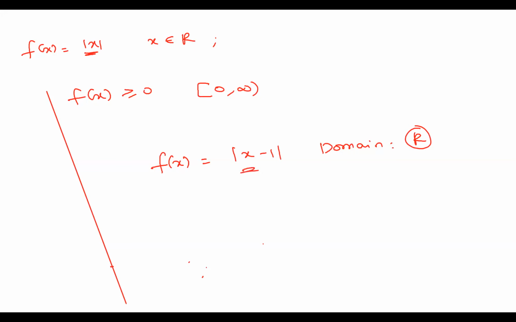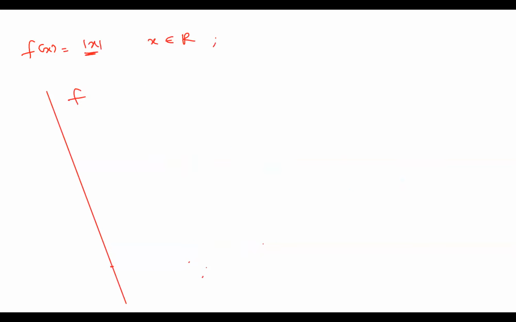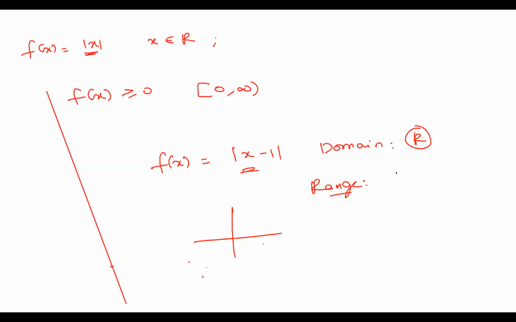Now the range starts from 1 to infinity. One minute. So mod of x minus 1, no, it is 0. Sorry. It is still 0 to infinity. Mod of x minus 1 graph will look like this.